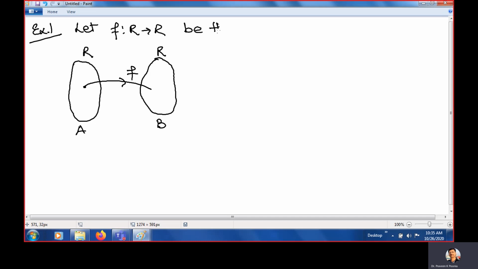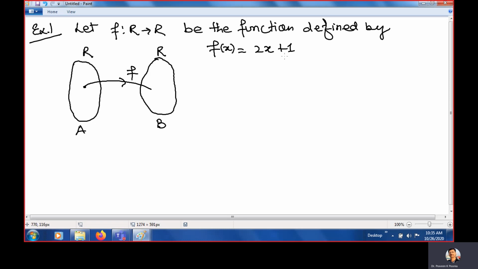Let f be the function defined by f(x) equals 2x plus 1. Prove f is onto.